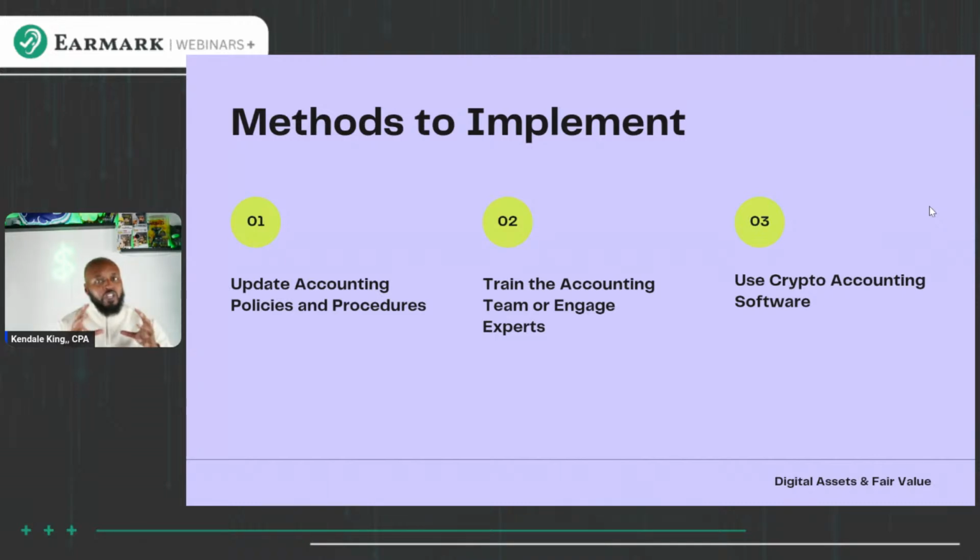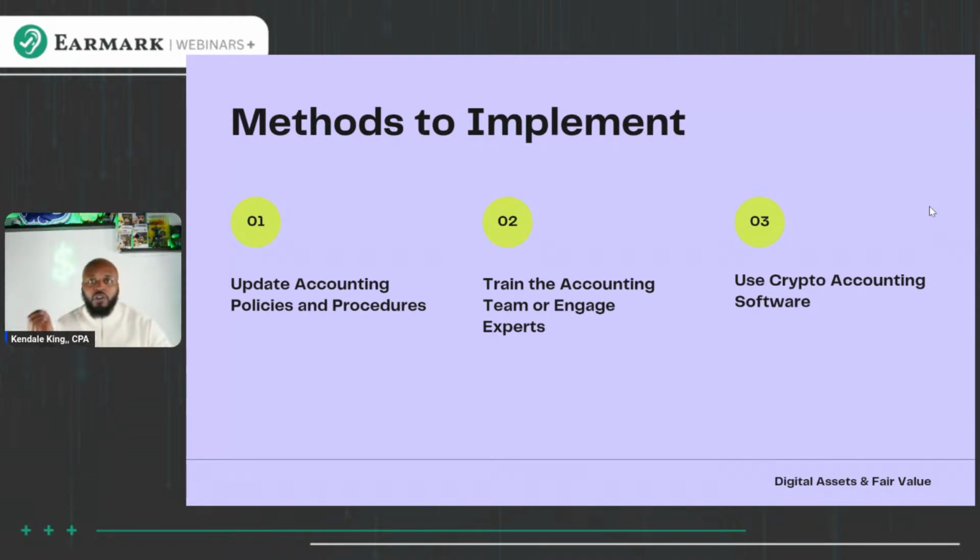So those are very important things that you want to ask yourself of the crypto accounting software that you're going to be dealing with. Again, that is figuring out what fair value market strategy they're using. Where are they pulling their prices from?